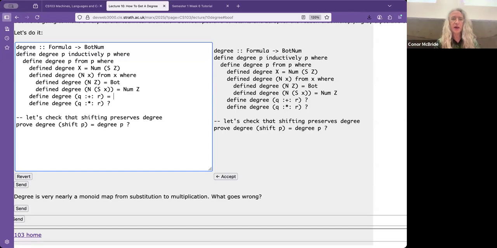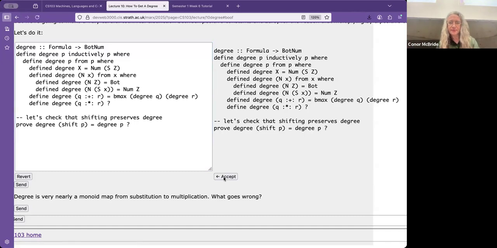Okay. So that's B max, degree Q, degree R. And any suggestions for how we should compute the degree of a formula that's a product?